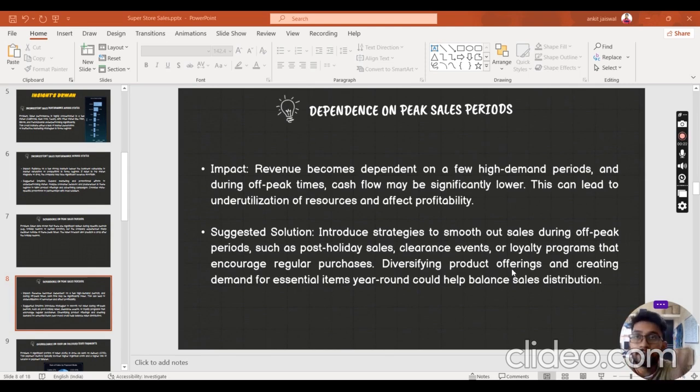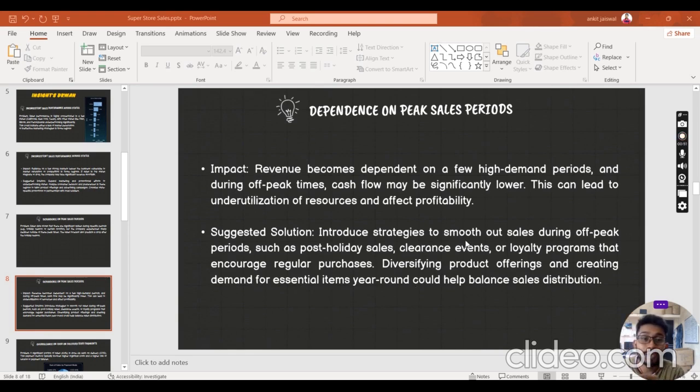So we have to come up with some solution to maintain profitability throughout the year, and that is how our company will grow. Suggested solution: introduce strategies to smooth out sales outside peak periods. Suggest post-holiday sales, clearance events, or loyalty programs that encourage regular purchases. Diversifying product offerings and creating demand for essential items year-round could help balance sales distribution.